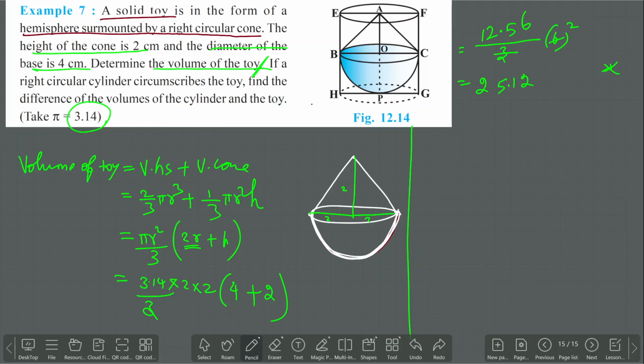So 25.12 centimeter cube is the required answer, the volume of the toy. We got the answer.